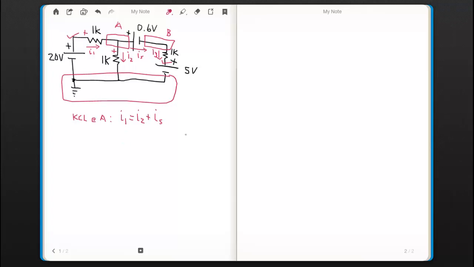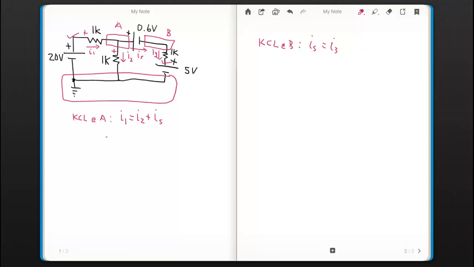And then KCL at B is just going to be IS, which is flowing in, and then I3. So the first step in the node voltage method is you write your KCL equations.